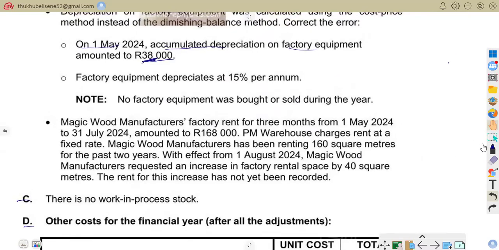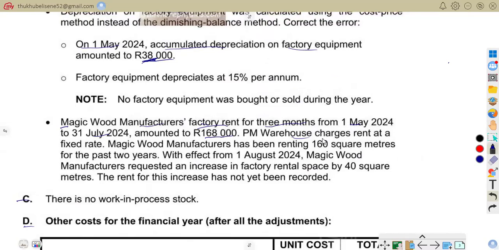You can see the information here that talks about the rent. It says Major Wood Manufacturers factory rent for 3 months, from 1 May to 31 July, so it means May, June, July, amounted to 168,000. Get that straight.